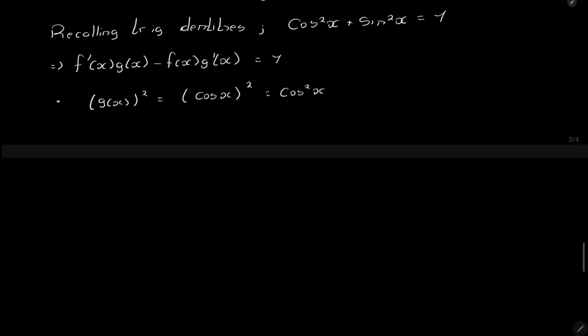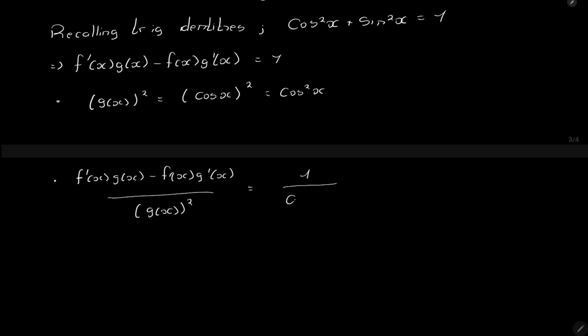Now calculating the complete term, that is our numerator divided by our denominator, we have f prime of x g of x minus f of x g prime of x, all that divided by the square of our denominator, gives us 1 divided by cos squared x, which is the same thing as 1 on cos x squared.